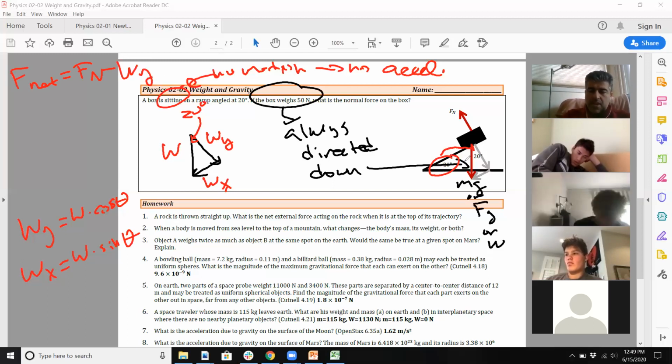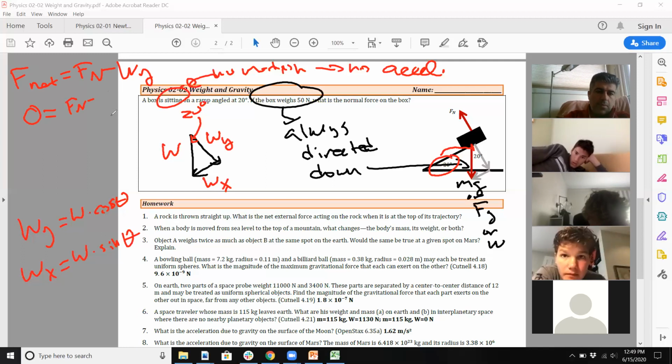Because this is sitting on a ramp and it's angled, you actually have to break the weight into its horizontal and vertical components. So we're breaking the weight down into its horizontal and vertical components. And because it's motionless, your F net is 0. And Wy is going to be W times cosine theta.